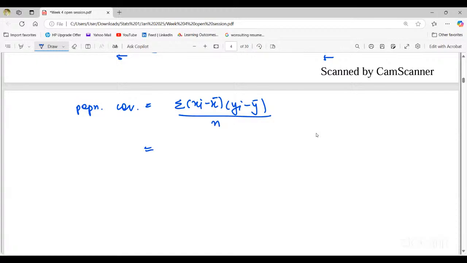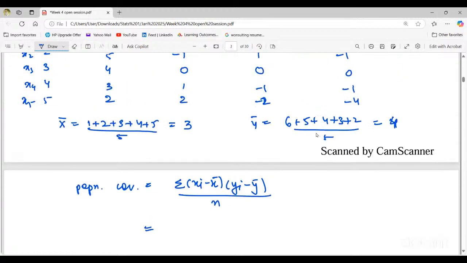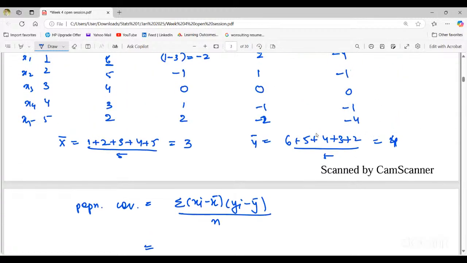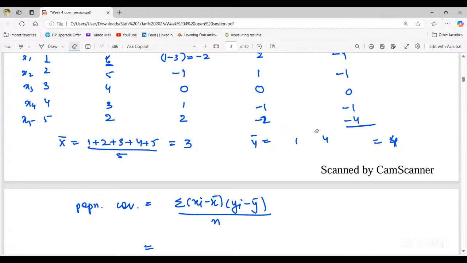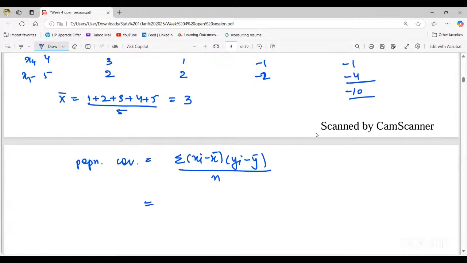Is this the formula? Everyone? Yes, ma'am. So what is my summation of the product? I would be calculating this sum. It would be minus 10. This is my summation of xi minus x bar, yi minus y bar.